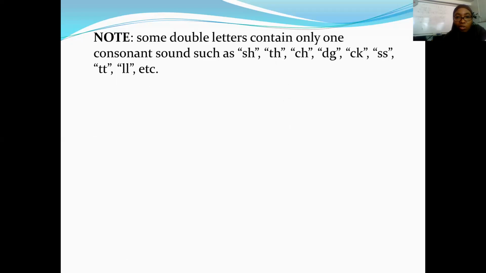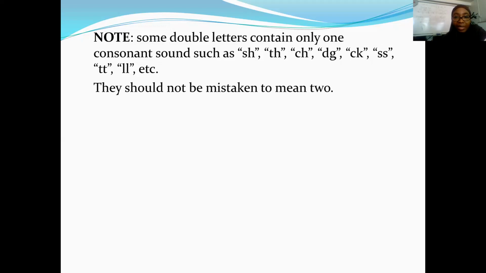Now, please take note, some double letters contain only 1 consonant sound, such as SH, TH, CH, DG, CK, SS, TT, and LL. Even though they have double letters in them, they are pronounced as 1.